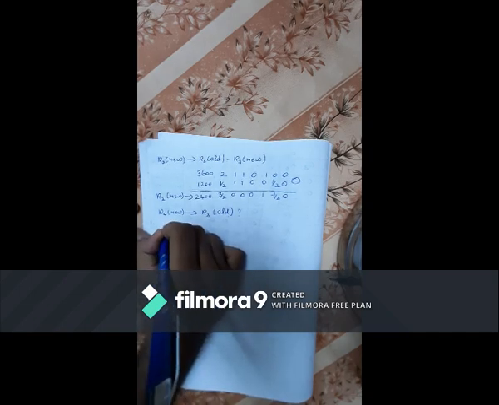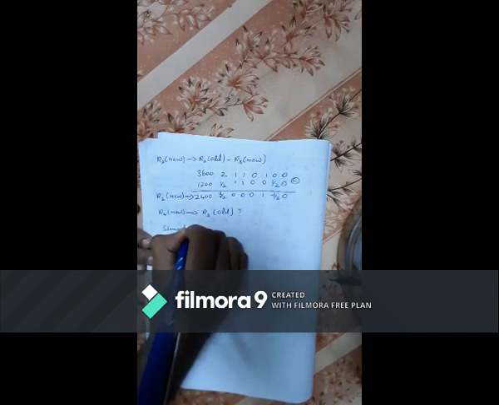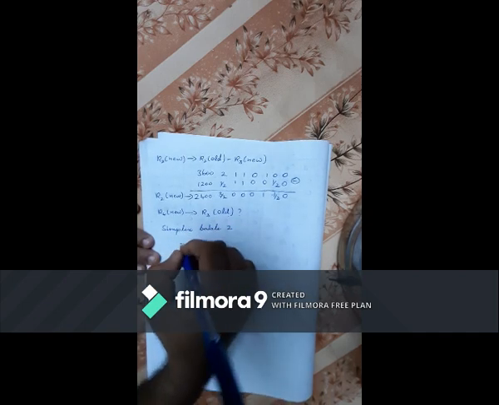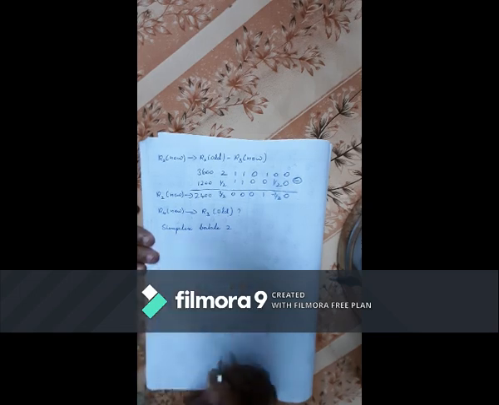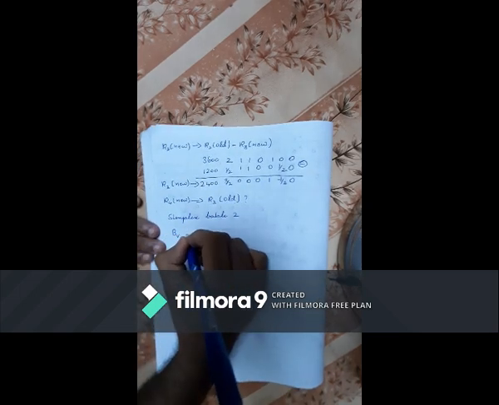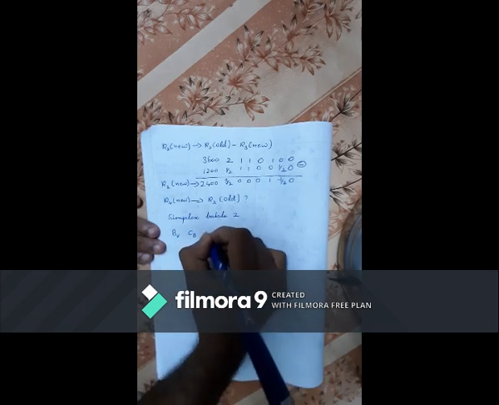So next is simplex table 2. For that, first we calculate the basic variable, CB the coefficient of basic variable, and XB.